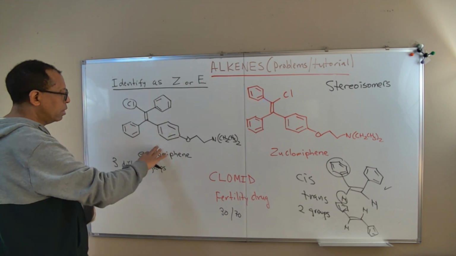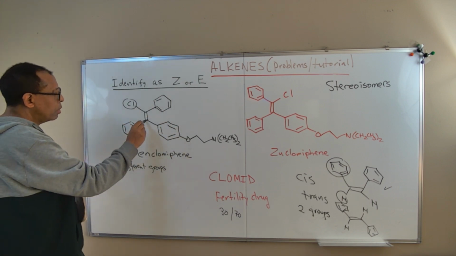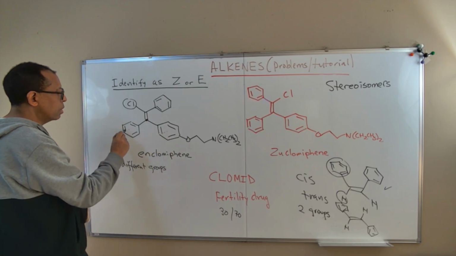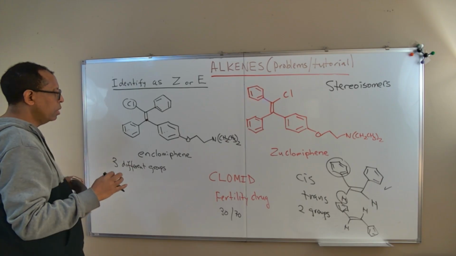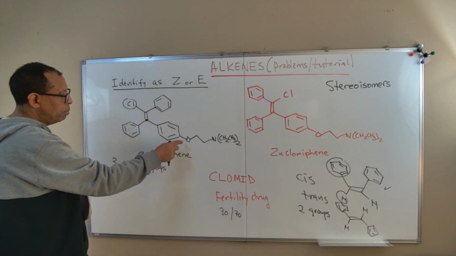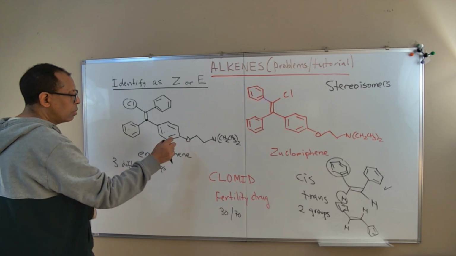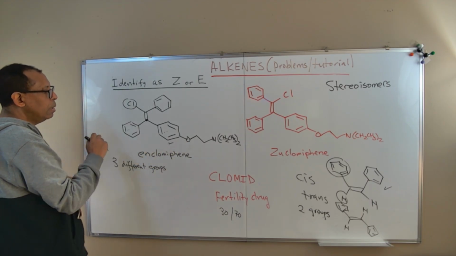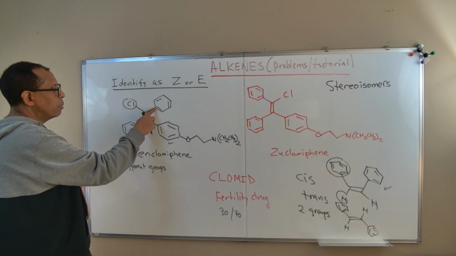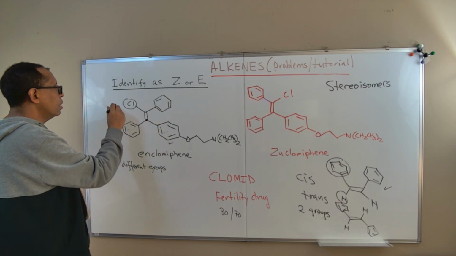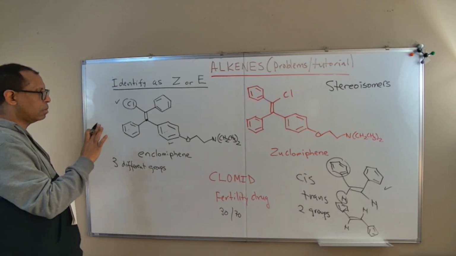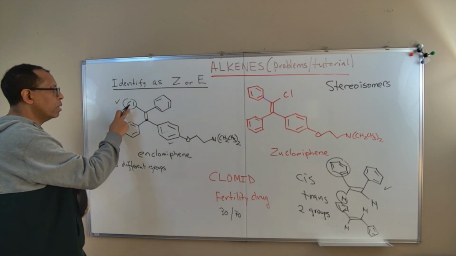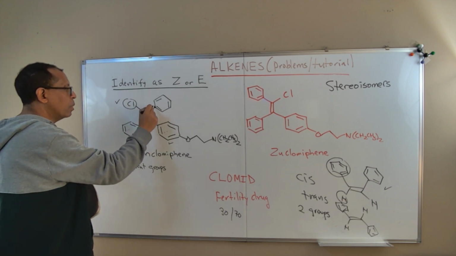Let's identify this now. You should always take the carbon and see what substituents are on it, which one would be high priority. So you have phenyl, but this phenyl has oxygen on it. So the priority would be for this one. Between Cl and carbon, the priority is chlorine. It's just how you assign R and S. So chlorine takes priority versus carbon.